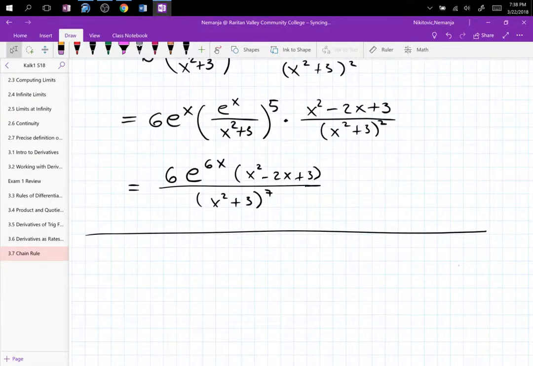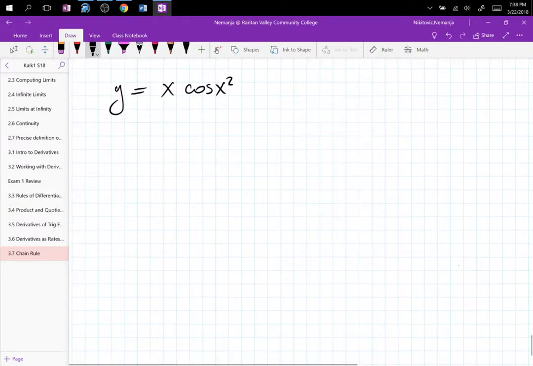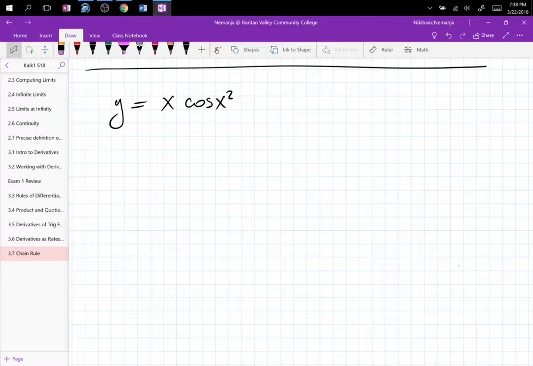You know what the book is interested in? The book is interested in the second derivative of x cosine x squared. In order to find the second derivative, you have to find what first? First derivative, exactly. All right, let's see.